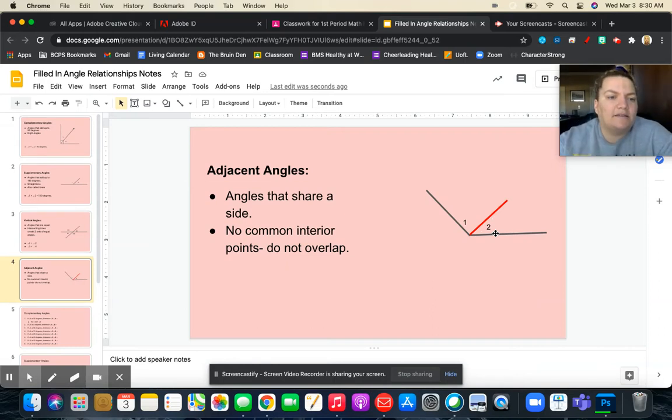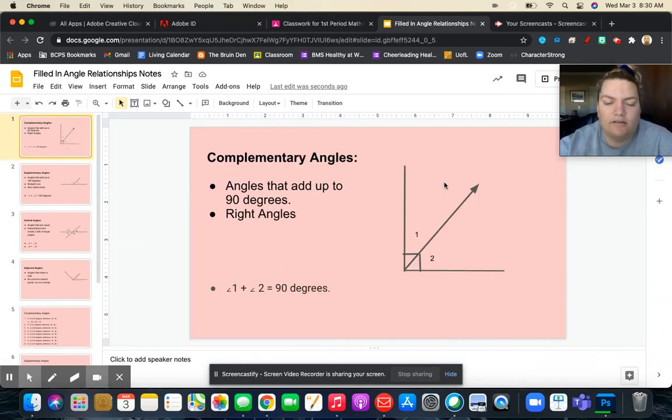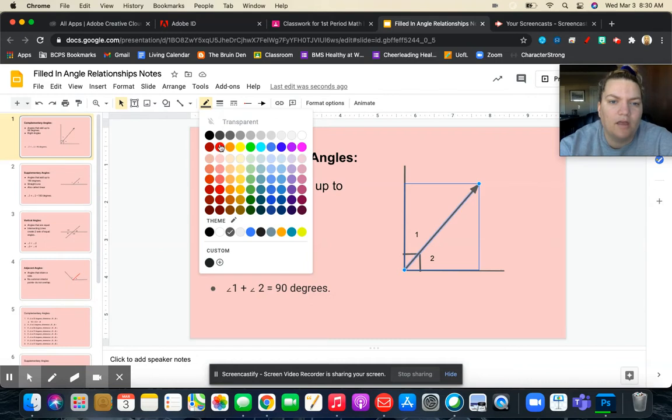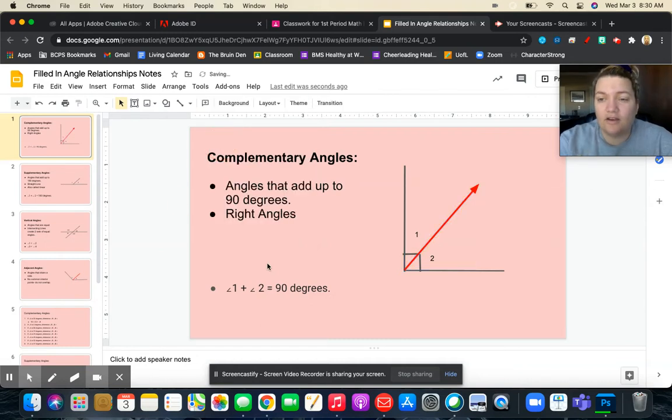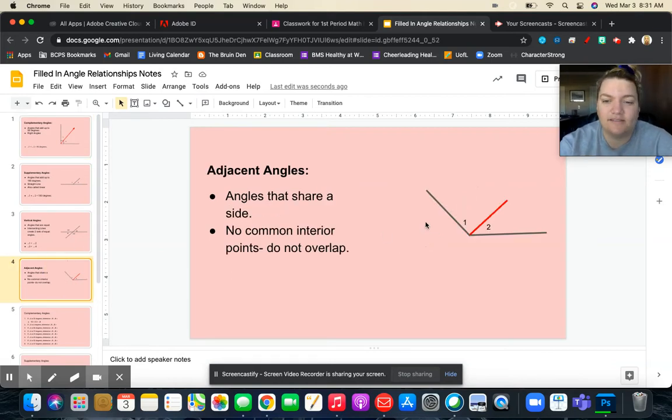If we go back to complementary angles, they also share a side. They share this line right here. However, they are never going to be referred to as adjacent angles. It's good to know. We know that complementary angles are also adjacent, but complementary is more specific. So when we're referring to our angles, we want to get as specific as we can, because all adjacent angles aren't necessarily complementary.